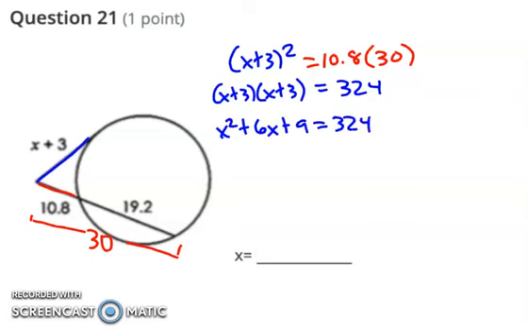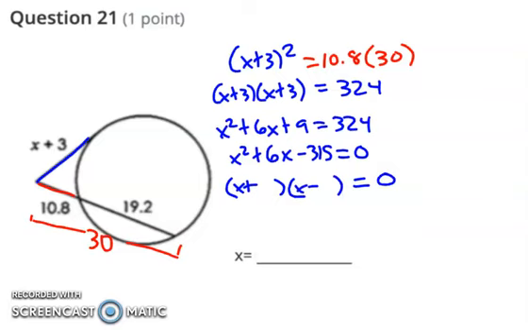And I need to subtract 324 from 9. So I had x squared plus 6x minus 315 equal to 0. Okay, from here we're going to try to factor. We get x plus something and x minus something. So we're looking for the two factors that multiply to 315 that are 6 apart.